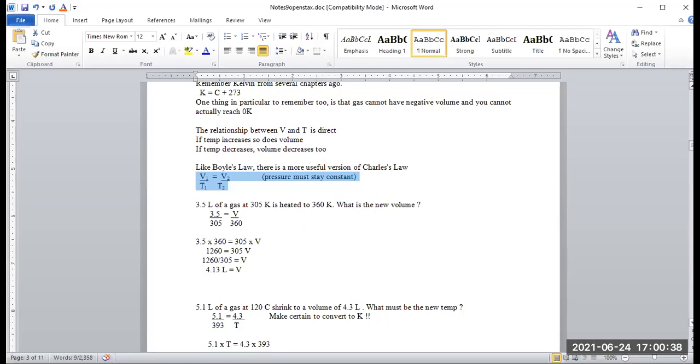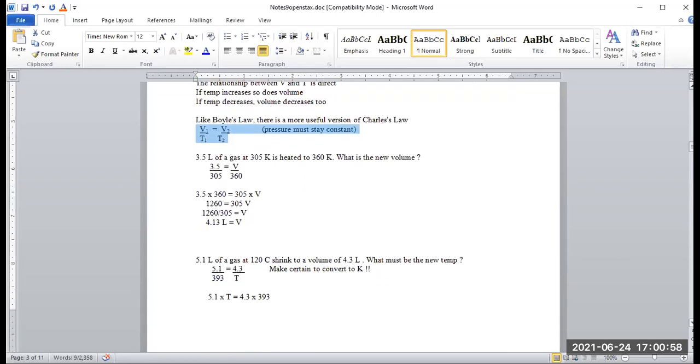For this one, the assumption is that your pressure is not changing. So I gave you two different examples here. One of them uses Kelvin temperatures as the starting point, but then I also did a second example that did not have temperatures in Kelvin.